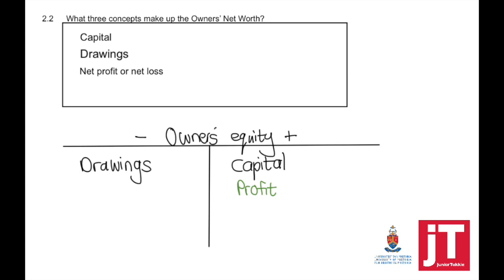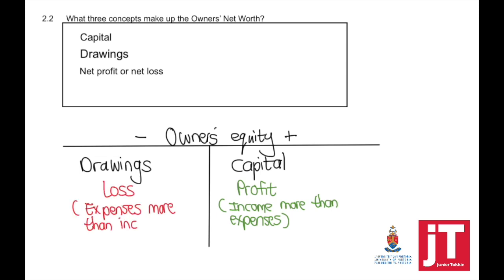Because income minus expenses equals profit, and the profit will increase the owner's equity. If our expenses are more than our income, it means that the business made a loss. That will decrease the owner's equity. Again, it is so important to understand.